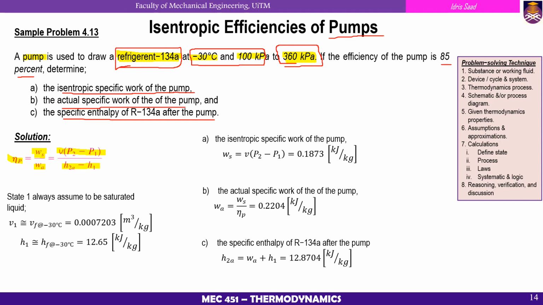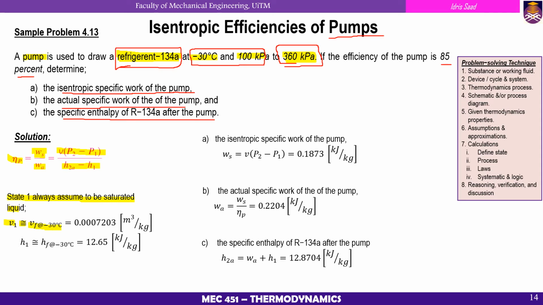Since this is a pump, a so-called incompressible device, state 1 is always assumed to be saturated liquid. So v1 is about vf at negative 30 degrees Celsius.